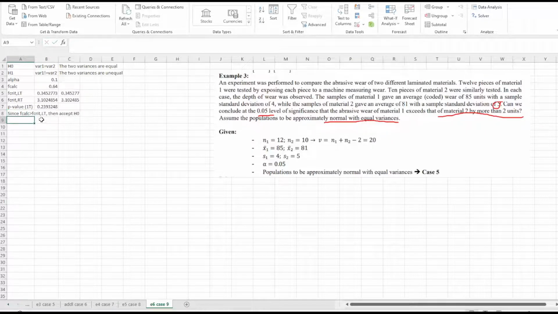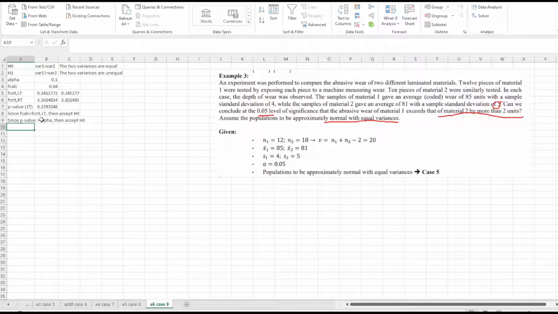So again, ang more accurate would be fail to reject H naught, pero for our case, okay na yun. Accepting H naught is parang understood na. Okay? So, or we can do if since p value is greater than the alpha, then we accept H naught.